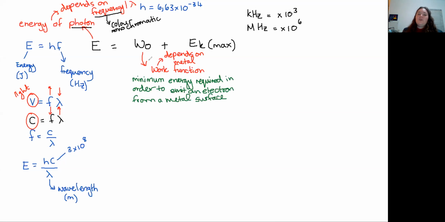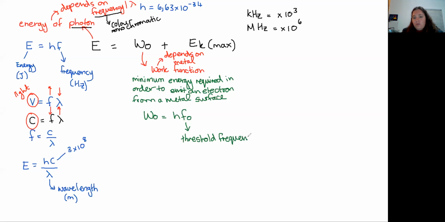Okay, so our work function can also be worked out a number of different ways. Technically, this is work, and work is energy, so it's the minimum energy required. So I can say that is also going to be h times frequency. Okay, so energy or work is always Planck's constant multiplied by the frequency. In this case, this f naught is something special. It is called our threshold frequency.